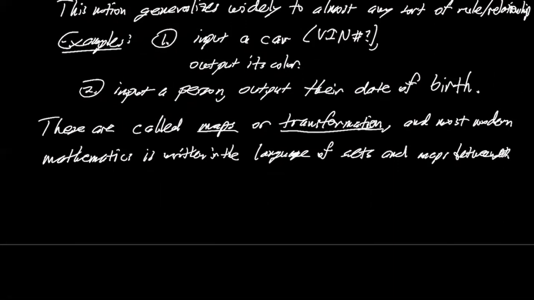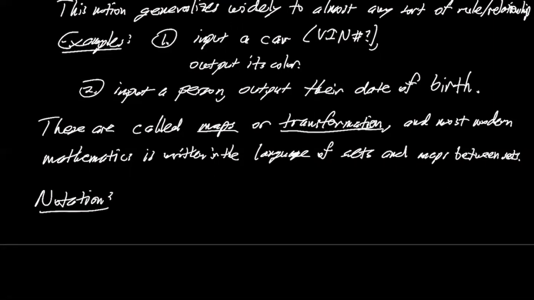Let me give you the notation. Oh my God, that's really ugly handwriting. That says maps between sets. Okay, written in the language of sets and maps between sets. This is really what a lot of modern mathematics is. So let me just show you the notation that we tend to use.